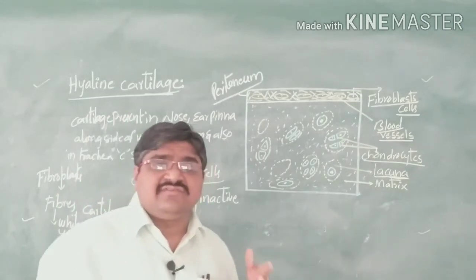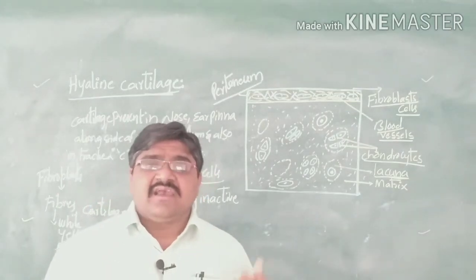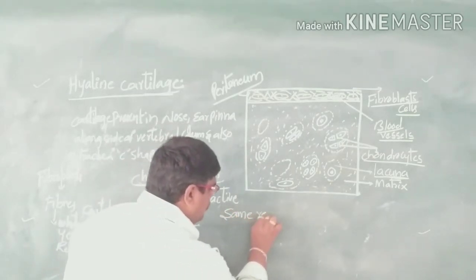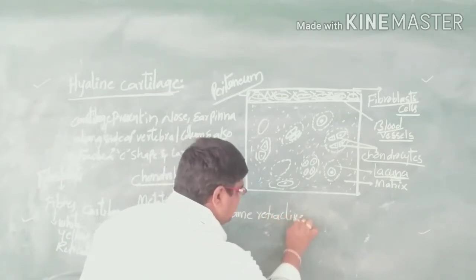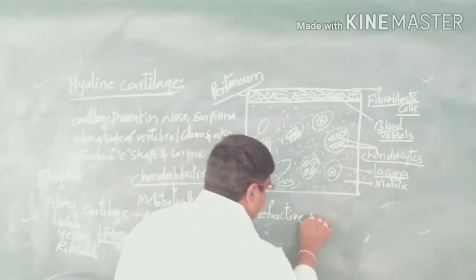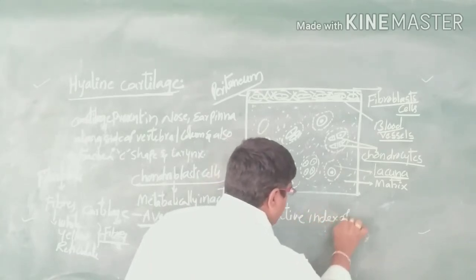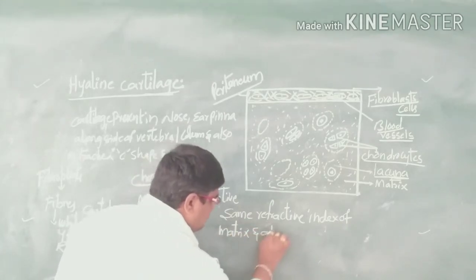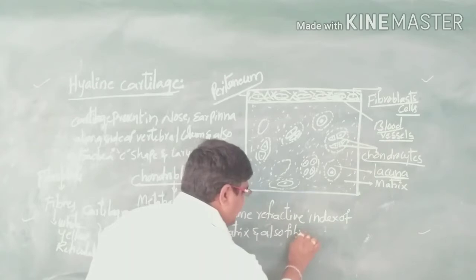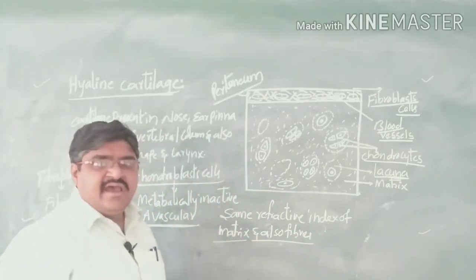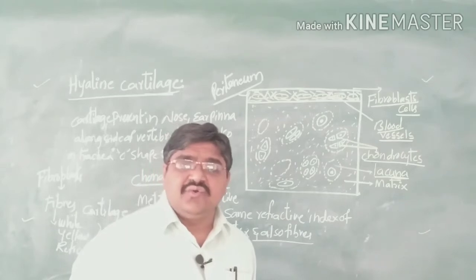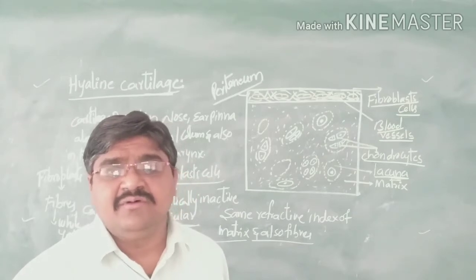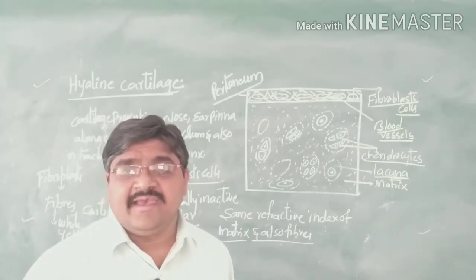So due to the presence of the same refractive index of the matrix and the fibers, the fibers cannot be visible in the cartilage.